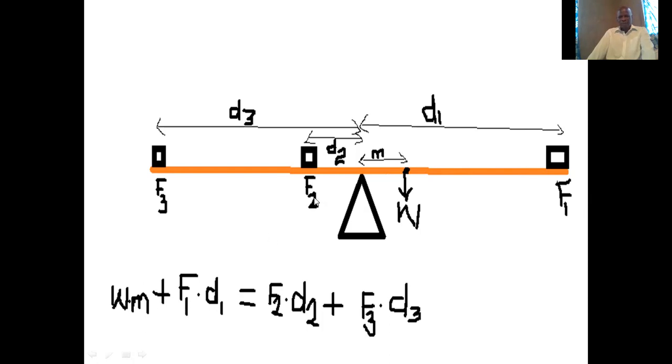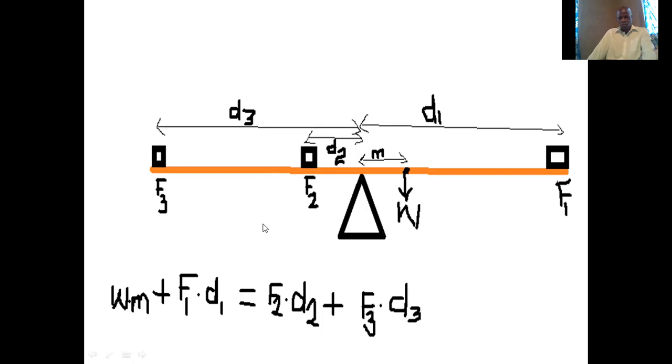Okay. Now, in the anti-clockwise moments, we have force number 2 created by this object multiplied by the distance up to the pivot, which is D2, which is this one we have done. And then you add the force created by this object here, which is force 3 multiplied by the distance to the pivot, which is D3, and you add them.